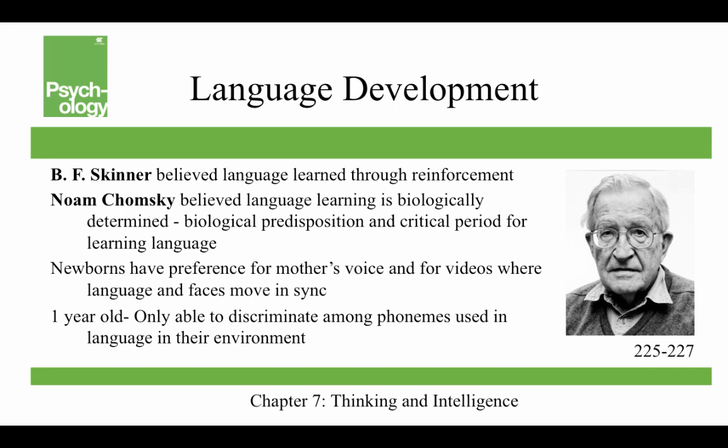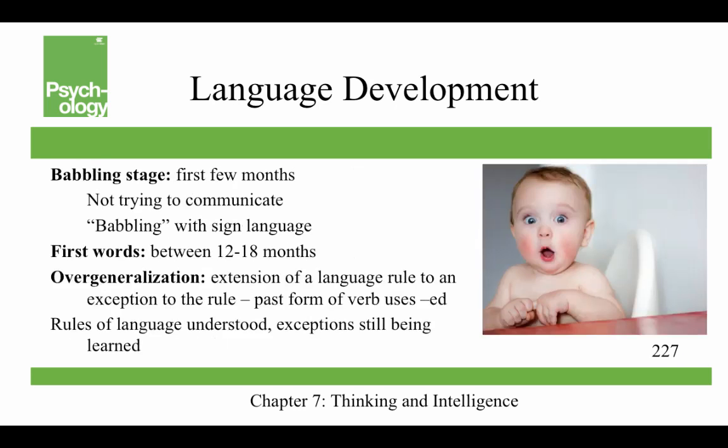Newborns have a preference for their mother's voice and for videos where language and faces move in sync. And that makes some sense. By the time somebody's 1 year old, they're only able to discriminate among phonemes that are used in their language, in their environment, used by the people that they're around.